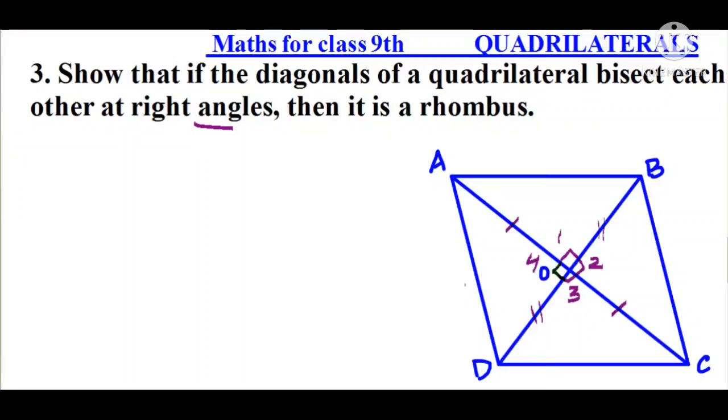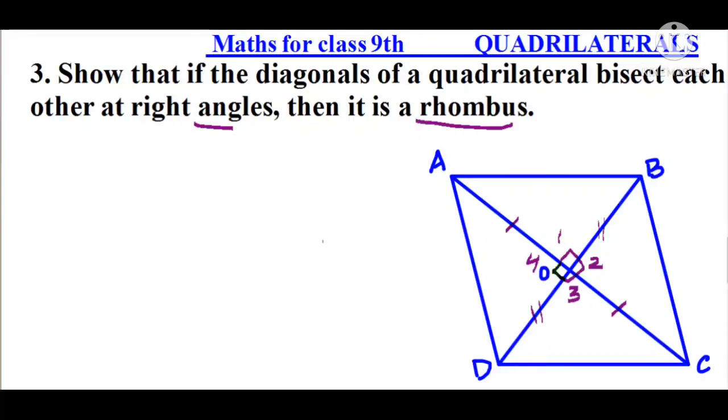Now what we have to show? We have to show that this particular quadrilateral is a rhombus. There are two ways to solve this question. One way is that I can show AB is equal to BC is equal to CD is equal to DA. That is, I can show all the sides of the given quadrilateral are equal, and you know that if all the sides of a given quadrilateral are equal, then it is a rhombus.